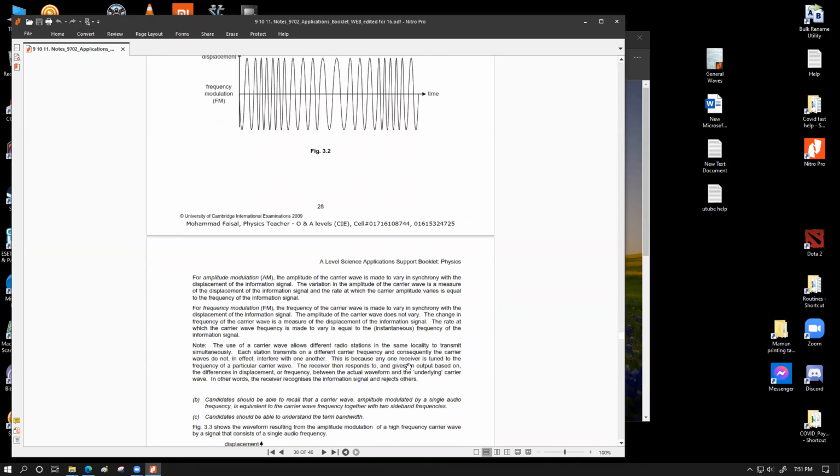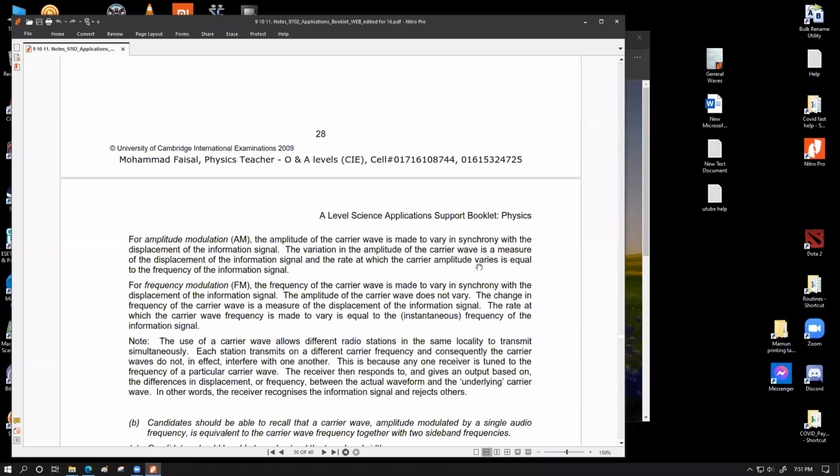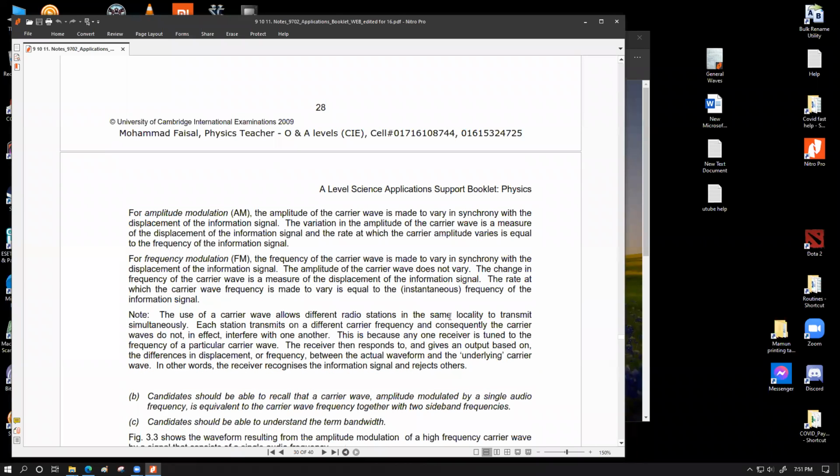So I'd like all of you to read through these three paragraphs. Take a quick read through these three paragraphs. It's pretty much the same thing that we discussed last class.